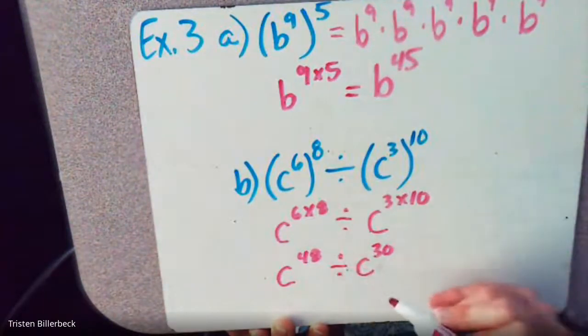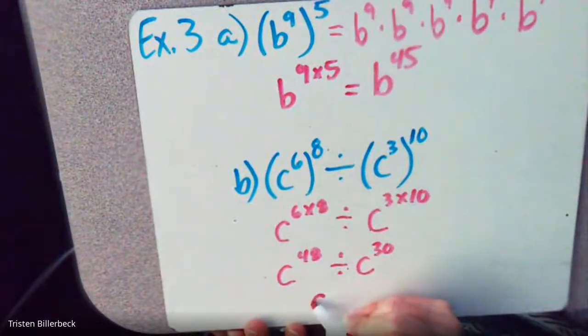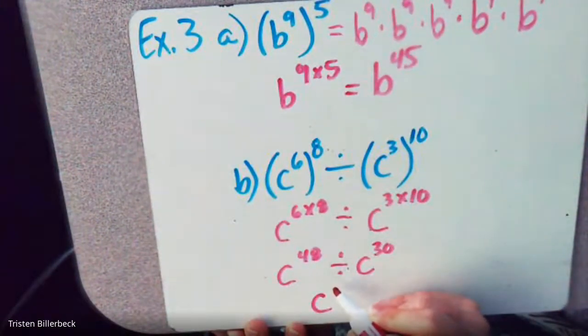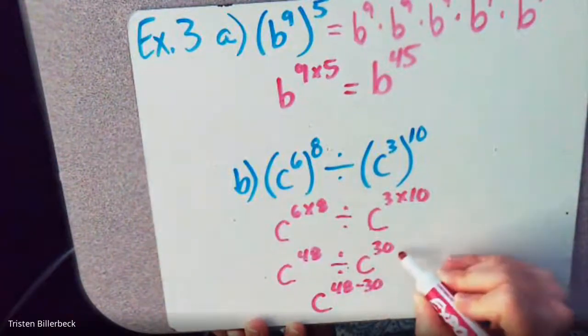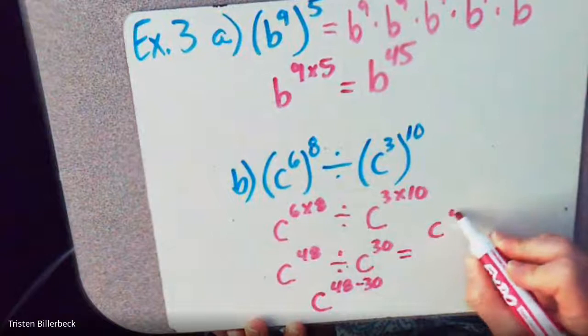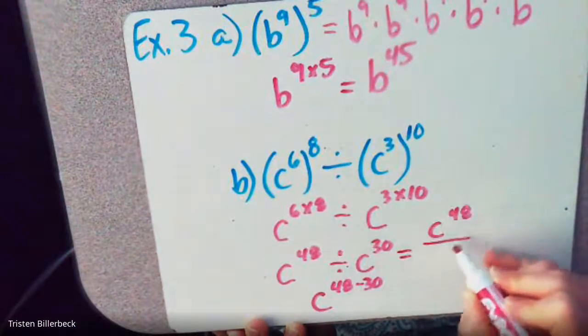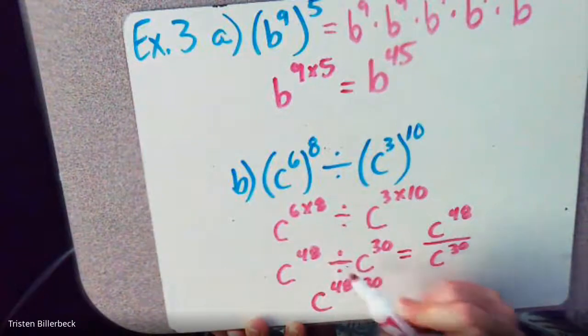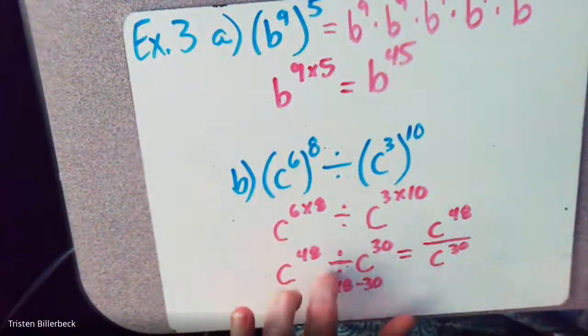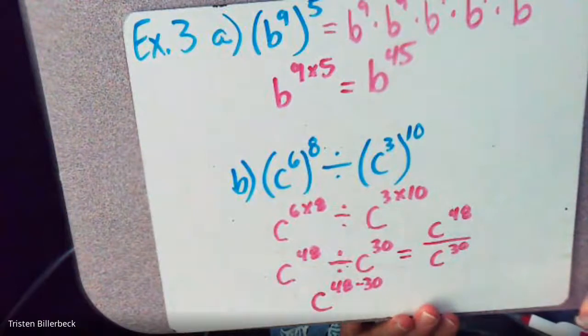Well, the rule for that is c to the 48 minus 30, because remember c to the 48 over c to the 30 is the same thing as writing it with a division sign, but with a fraction sign.